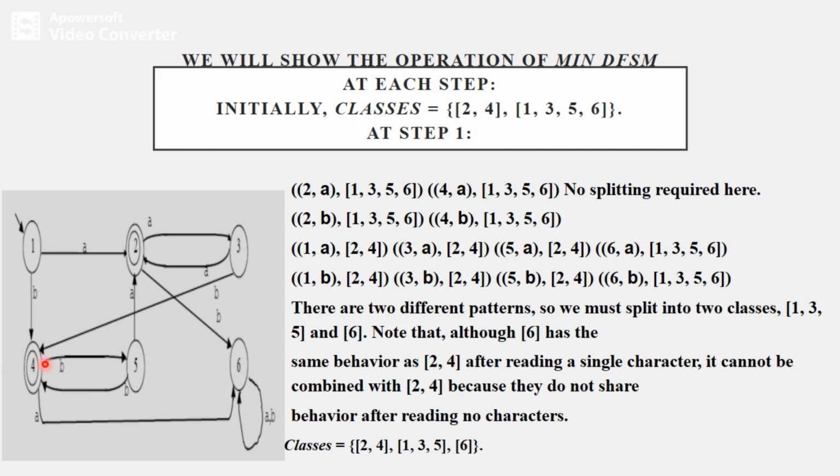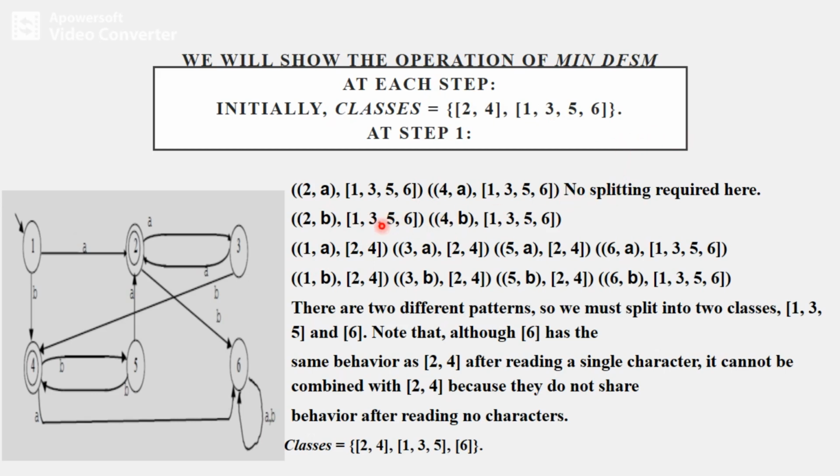Next we'll consider 4 on a. 4 on a goes to 6, so it belongs to the class 1, 3, 5, 6. 4 on b belongs to which class? That is 1, 3, 5, 6.